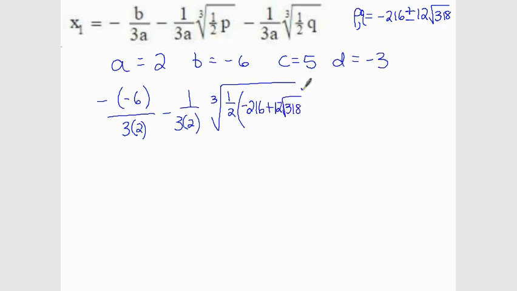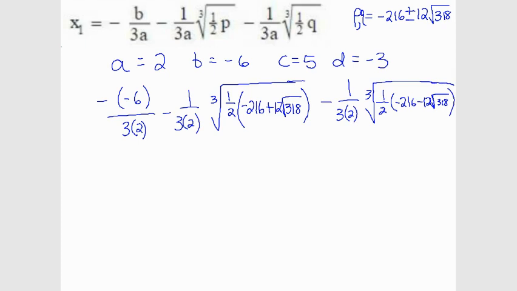And then we got minus 1 over 3 times 2 times the cube root of 1/2 times the q value, which is minus 12 root 318. Go ahead and take that out.